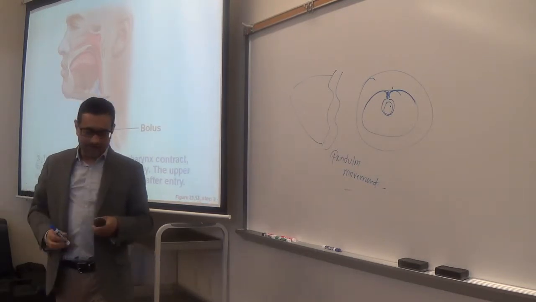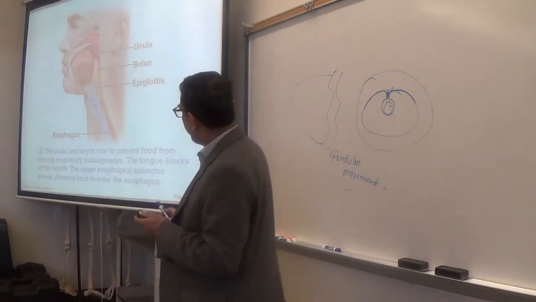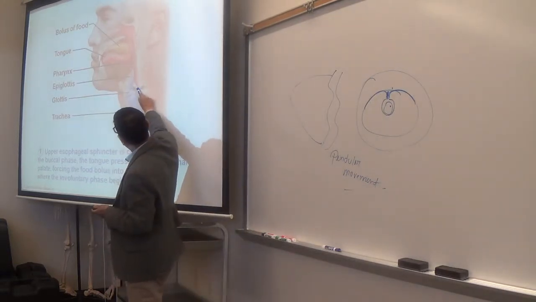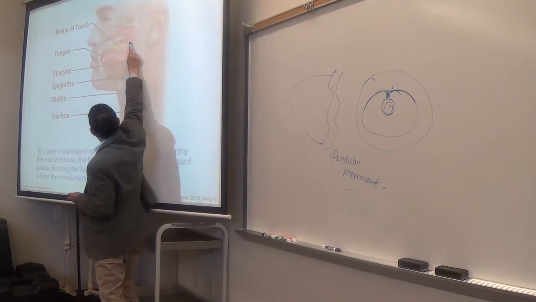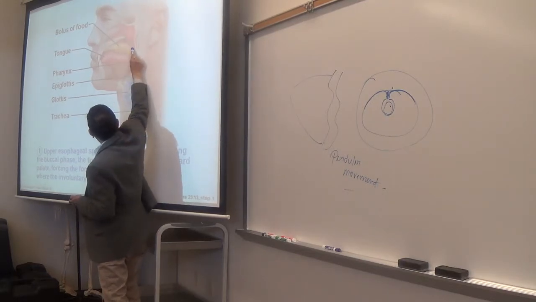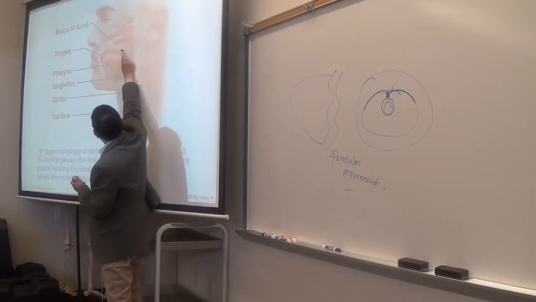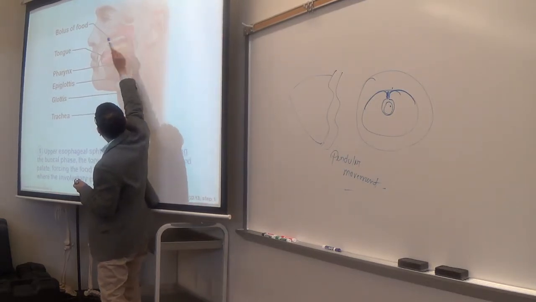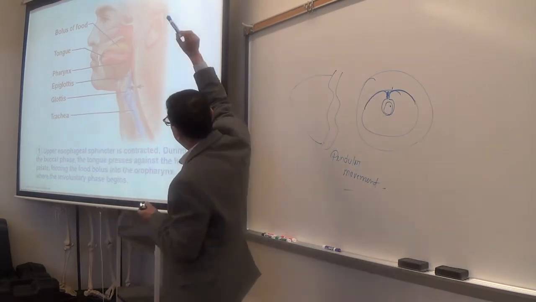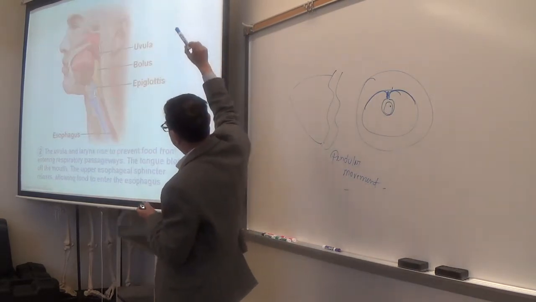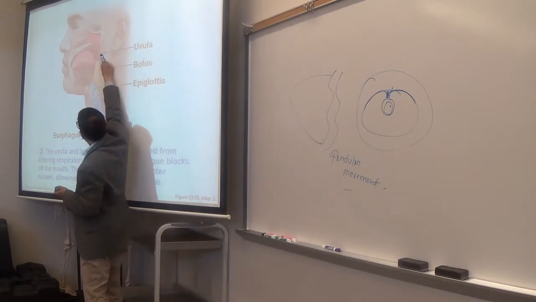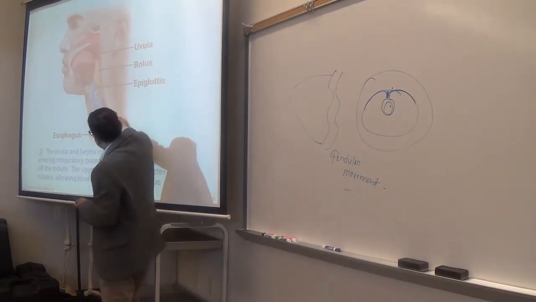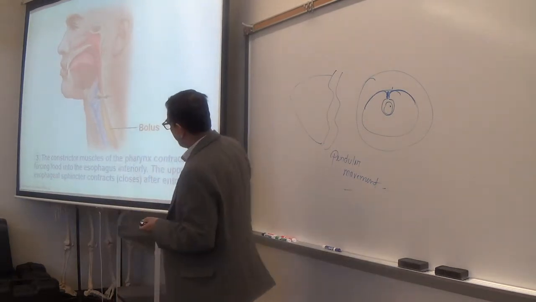That's why that happens. Another thing happens here: this is the uvula, the soft palate uvula. When food comes here, that will move up, so it will prevent the food from entering into the nasopharynx. So food will not be able to go into the nose or nasal cavity. You see here, this is closed, and this one opens. So food enters into the esophagus.